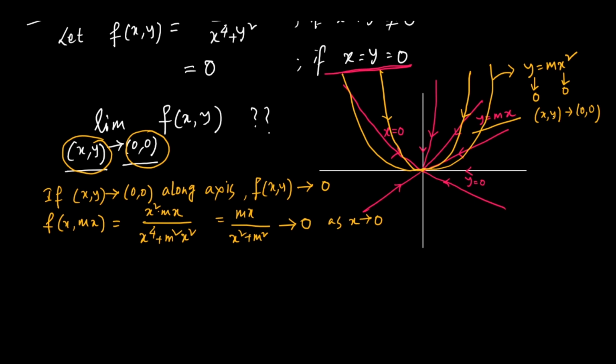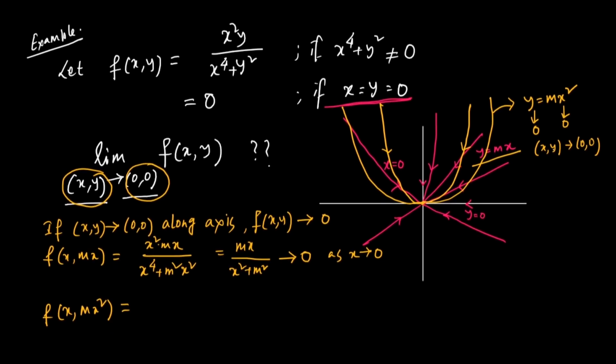So if I do this substitution, I get f of x comma mx square will be equal to, because the x to the power 4 will get cancelled from both the sides, m by 1 plus m square. Now there is no x present here, so we can say this tends to m by 1 plus m square as x tends to 0.